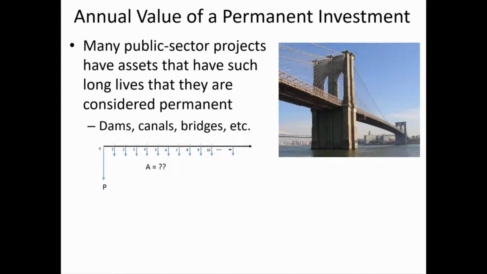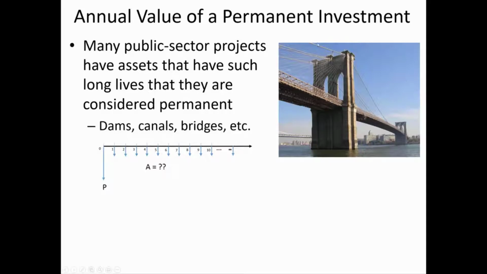And so this is what a cash flow diagram for a permanent investment may look like. If you have to pay a lot of money up front to construct that, we may want to know what is the annual equivalent.